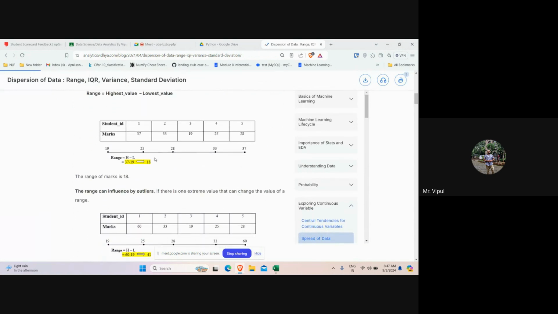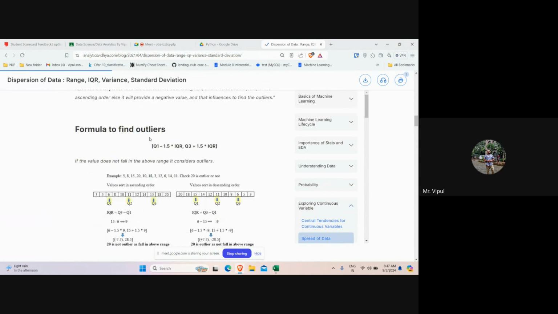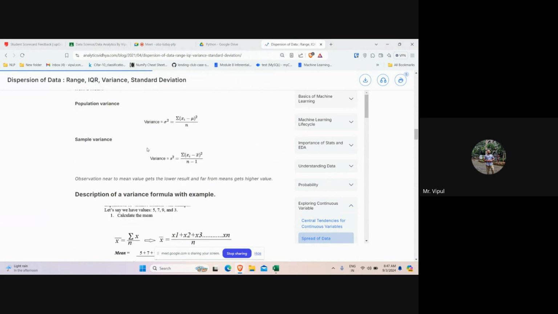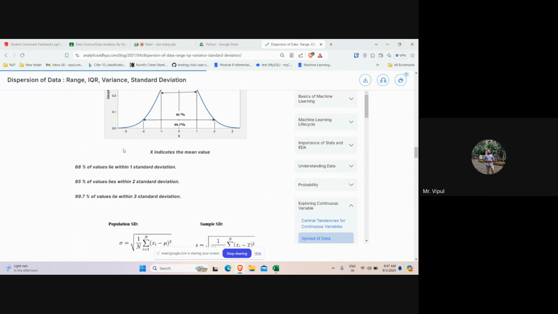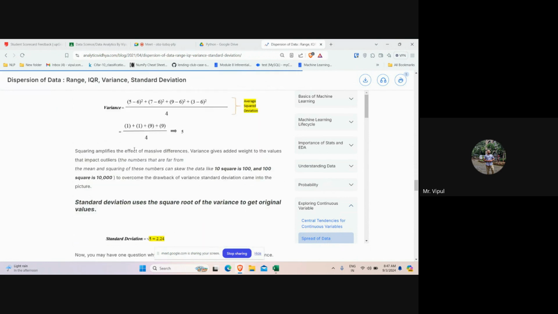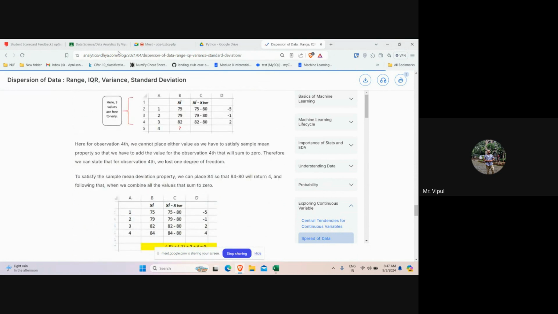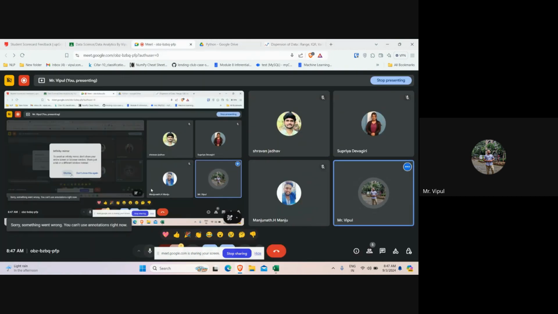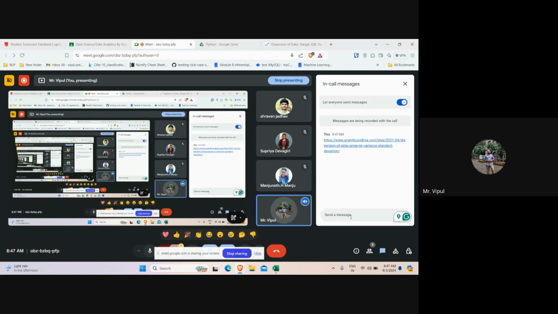See now, this is what you have to read. Why there is need of variance, why there is need of standard deviation, right? We have squared differences in standard deviation. Okay, I'll share this. You give your time to read this, and once you complete it, I'm going to discuss why there is need of standard deviation and variance.